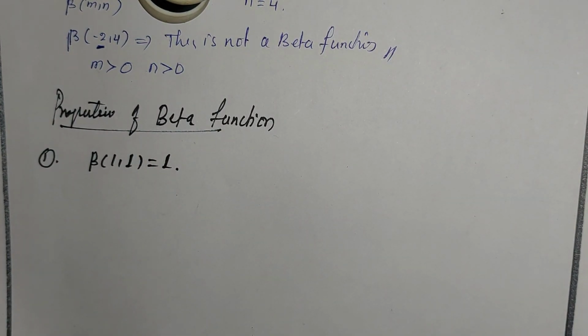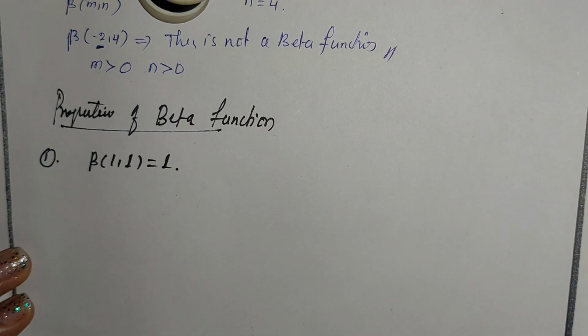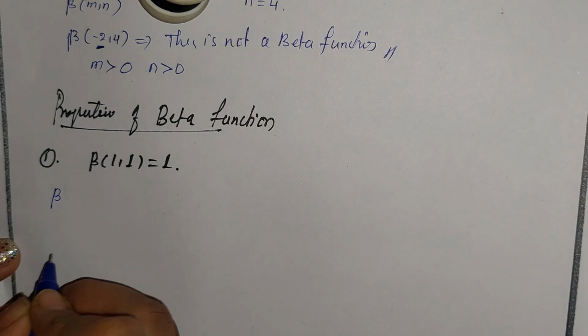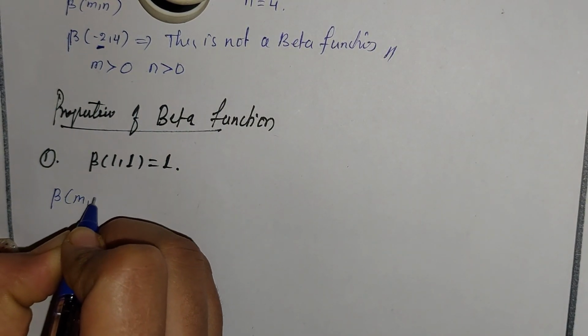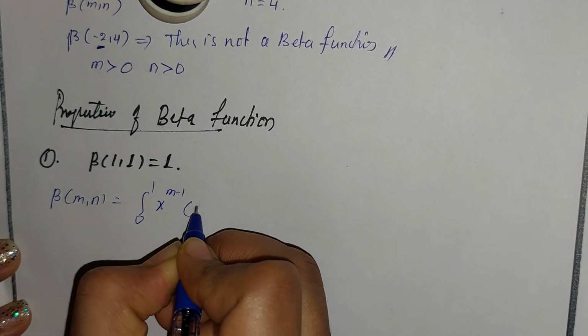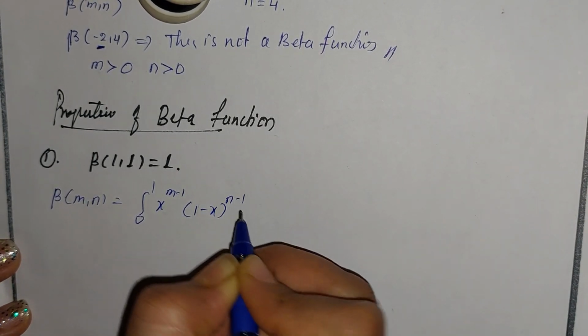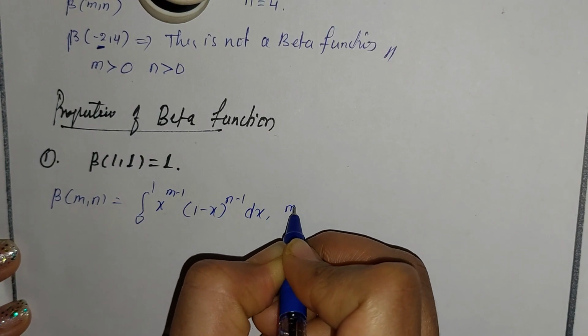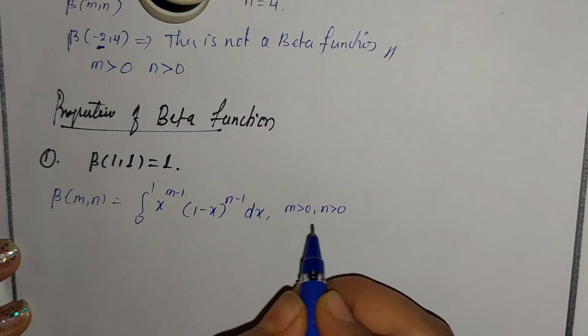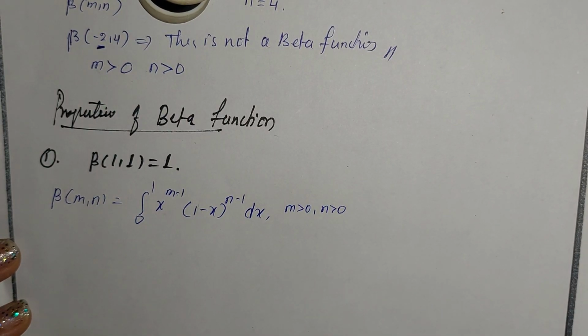We know the formula, right? According to the beta function definition, beta of m comma n is equal to the integration from 0 to 1 of x raised to m minus 1 into (1 minus x) whole raised to n minus 1 dx, where m is greater than 0 and n is greater than 0. You have to mention this in your definition to get the full marks.